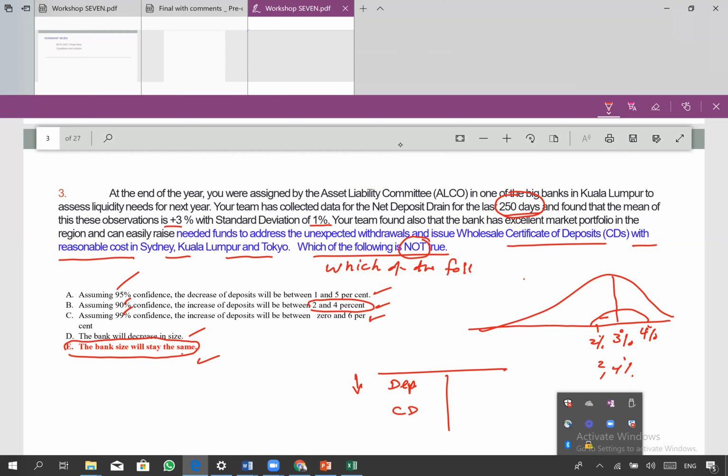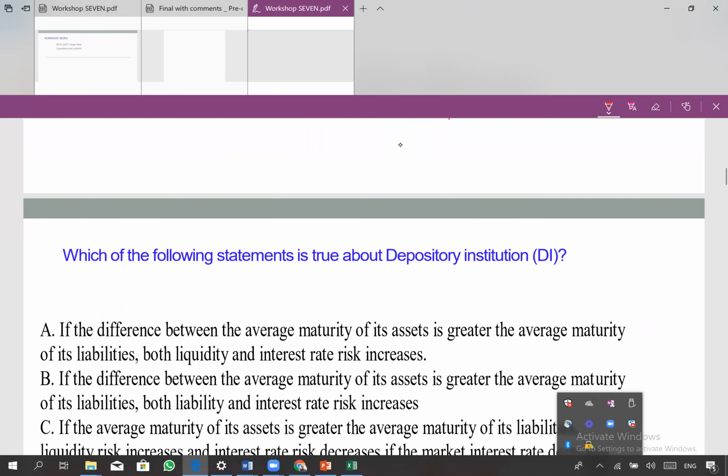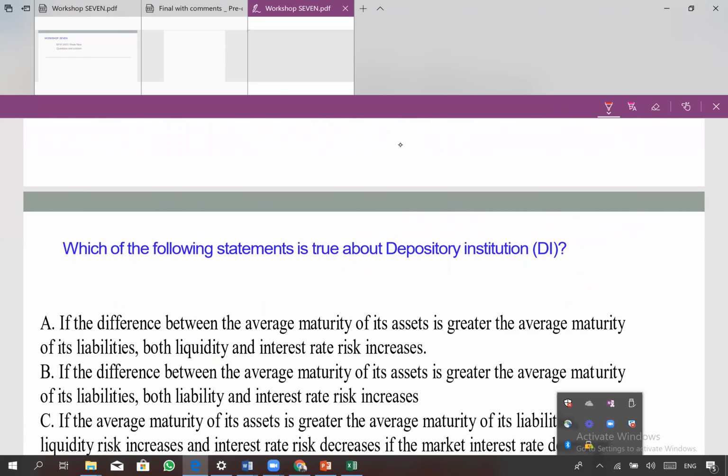So the true one is E. I will amend this one. I'm sorry. Thank you for the question, for the comment. So which one is true? This is the true one. Okay. Any other questions at this stage, or can I move on?